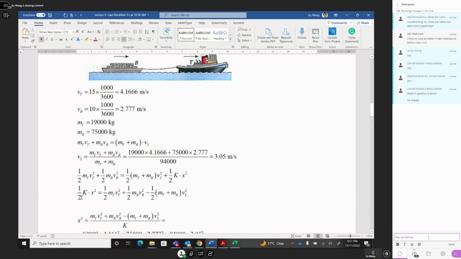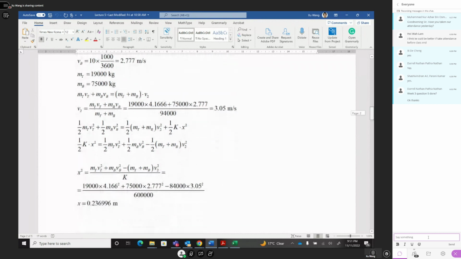From this equation, you can solve this. Move this term over, so this one minus this one, and then you can solve for x squared. So x squared, this cancels the half, and divide by k. This is your numerator and this is your denominator.